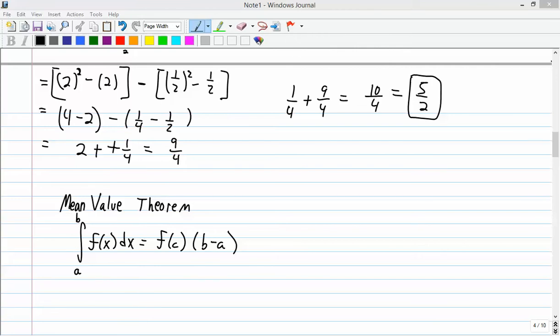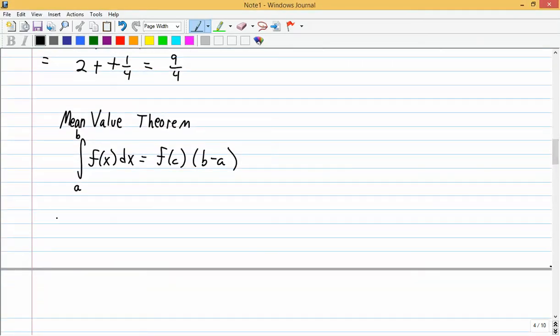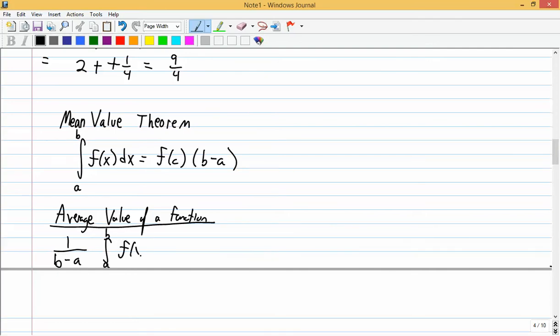The average value of a function, I usually do not spend a lot of time on. Real quick, I'll go over the formula. You don't have to write this down, but you can if you want. The formula for the average value of a function is 1 over b minus a times the integral from a to b of f of x dx.